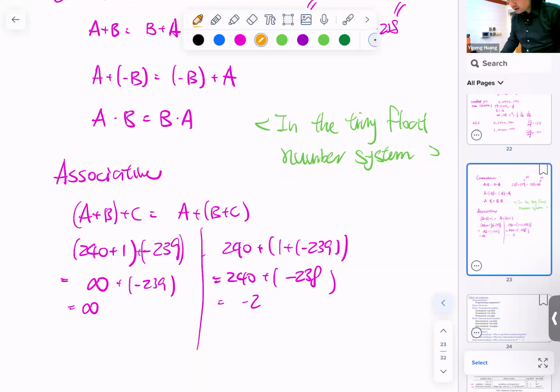These two numbers, just because we parenthesize differently, are not the same. Right? Addition is not associative in the floating point number system. Right? So this is very real. You as the programmer have to deal with this, is the scary thing.